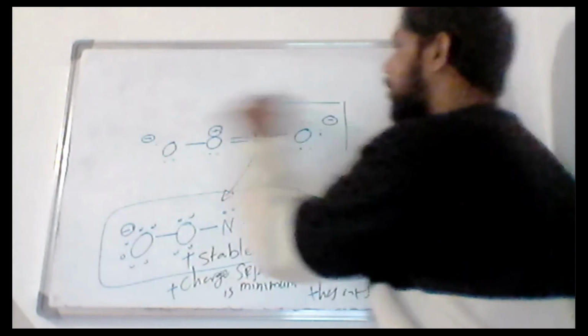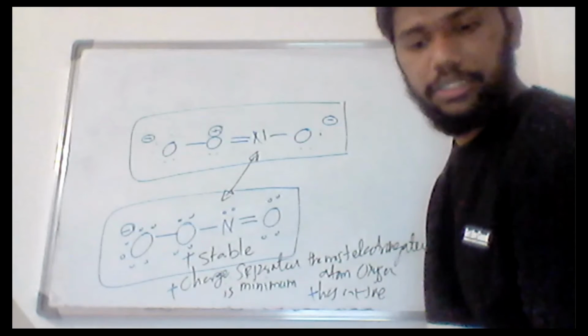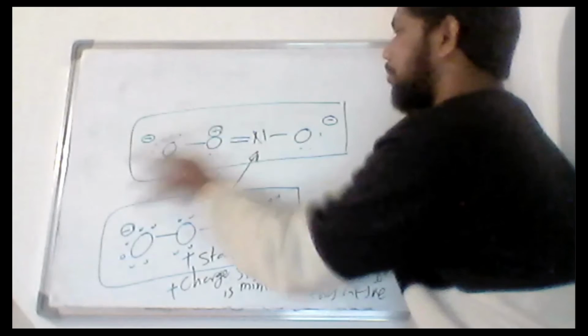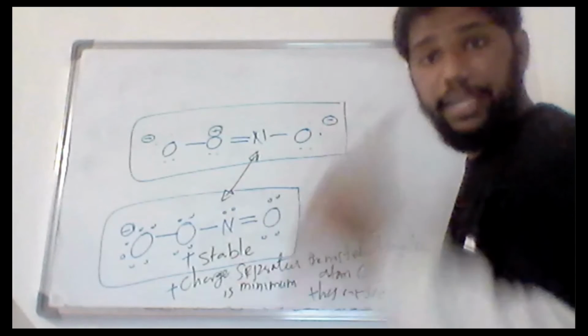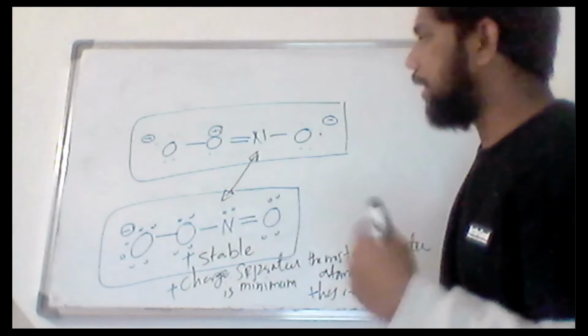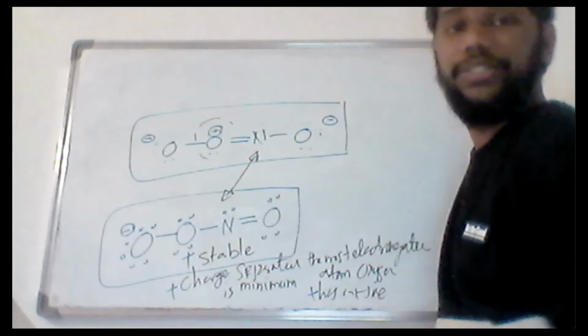Okay, now what about this one? Is this stable or not? You can clearly see the charge separation between these atoms. It is very high. So this is not stable. That is the first point. The second point is the electronegative atom oxygen also has a positive charge.